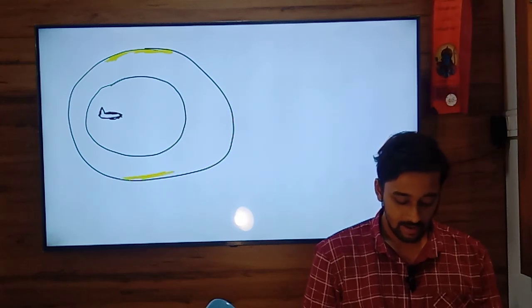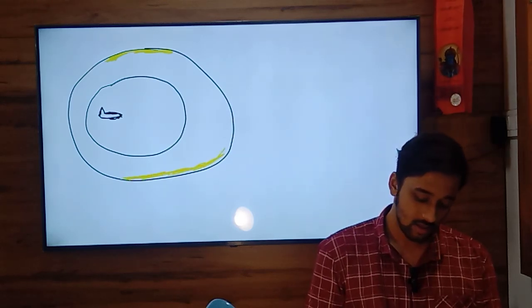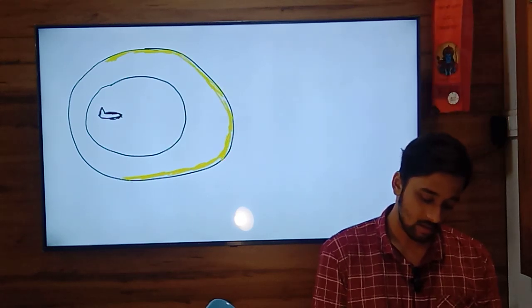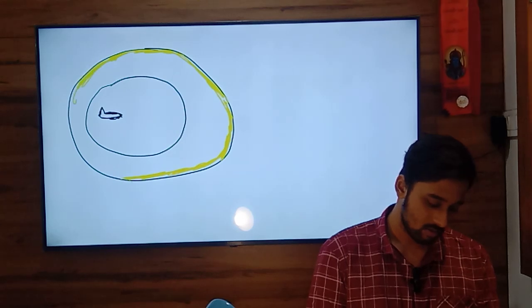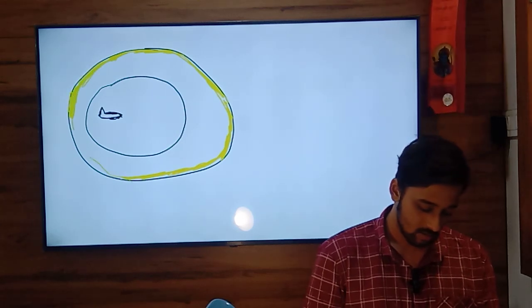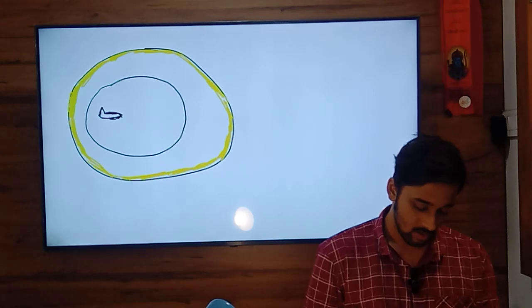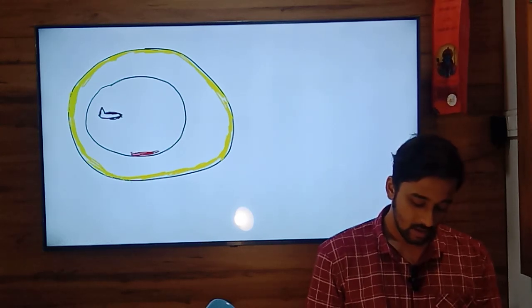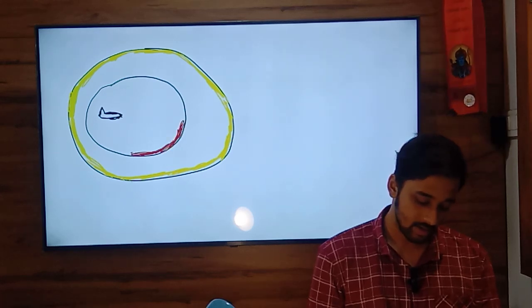The outer bubble I am giving a yellow color for easy distinction. And the inner circle I am giving a reddish color, dark red.